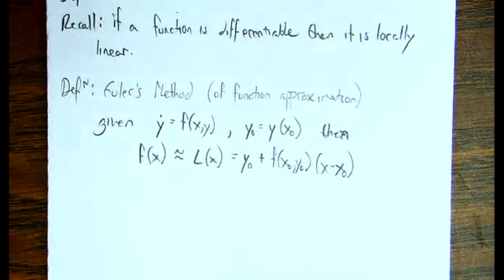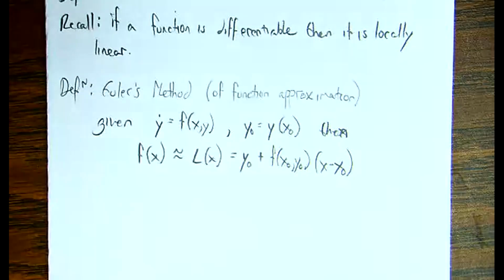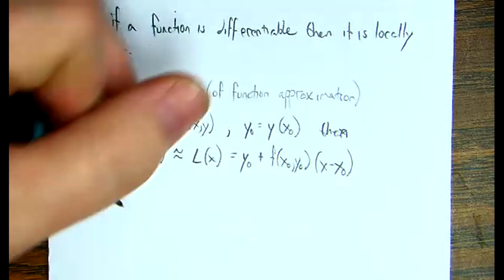Maybe I'm only willing to step 0.1 or 1/10 of a unit, and then I make a new tangent line, and then I go another 1/10 of a unit, and then I do a new tangent line, and I just successively follow these tangent lines. So instead of allowing x to change freely, we're just going to do successive linear approximations.